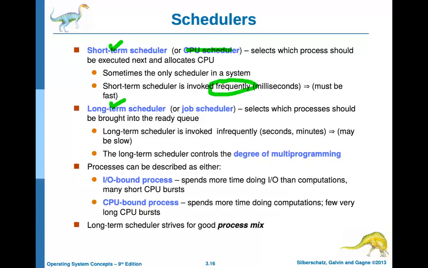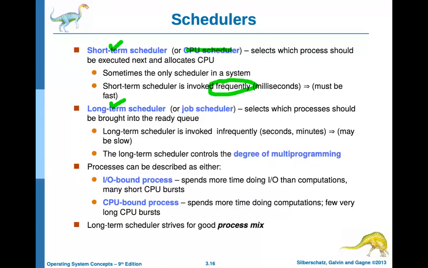The short-term scheduler is the most frequent scheduler activated by the operating system, and that time is usually in milliseconds. Because this time is in milliseconds, that means it is more frequent.